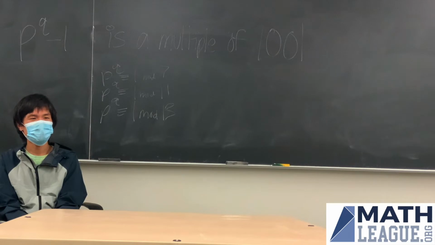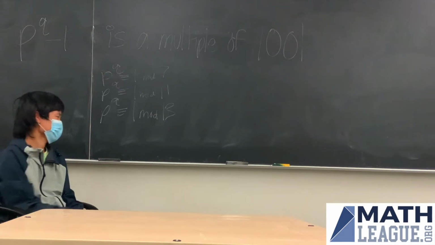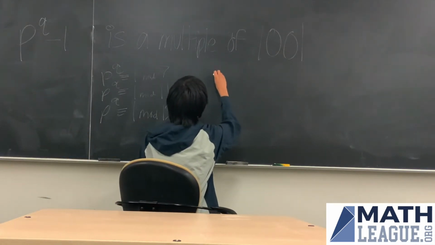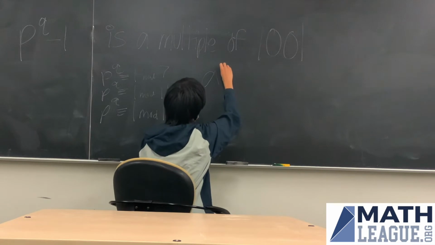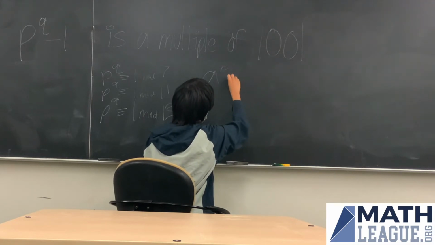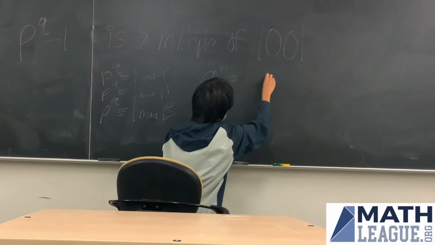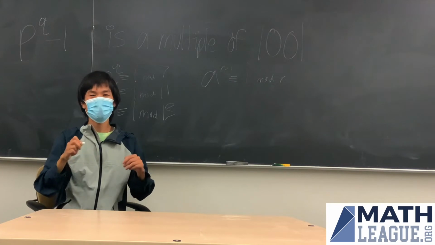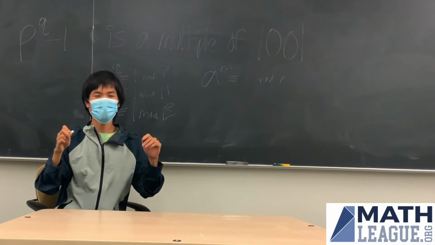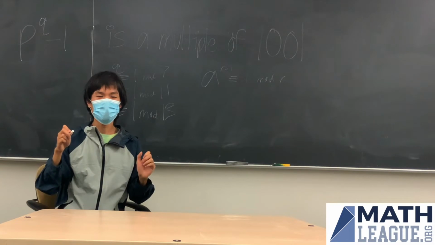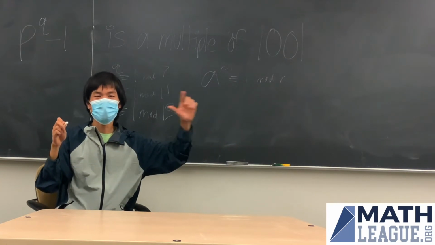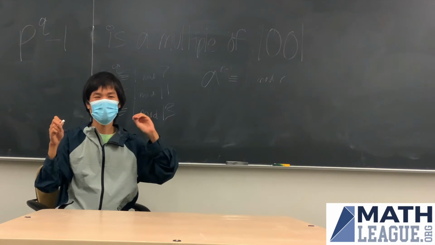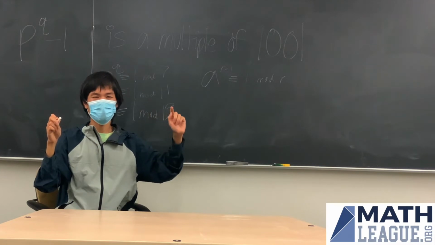What this basically means is that a to the power of r minus 1 is congruent to 1 mod r. And not just that, if you use any positive exponent that's less than r minus 1, you're not going to get that. Basically, a is a generator of that cyclic group, and Gauss showed that this is the case for every single prime number r.